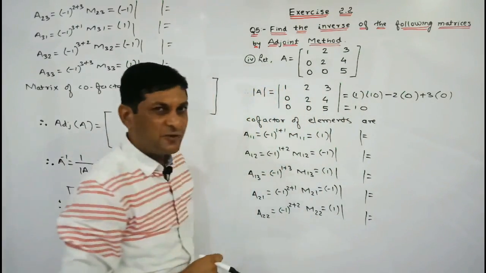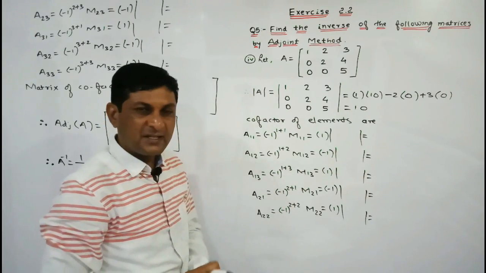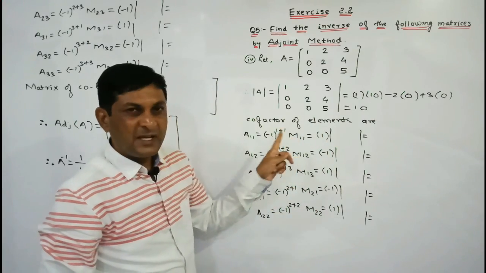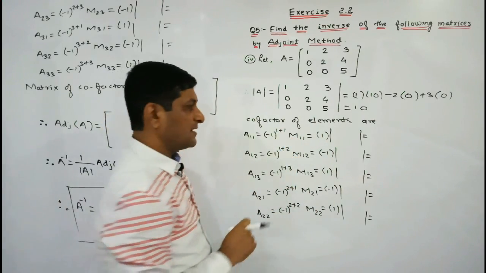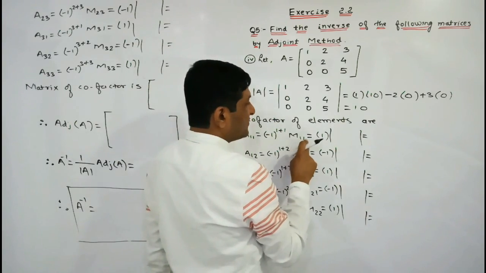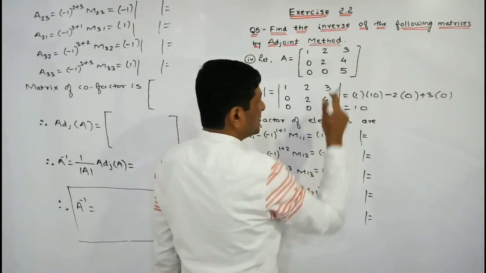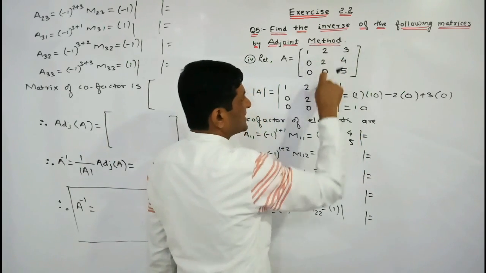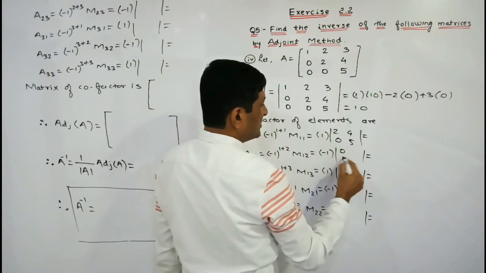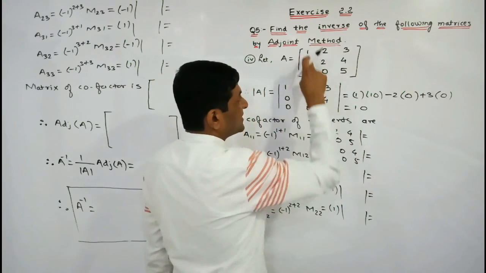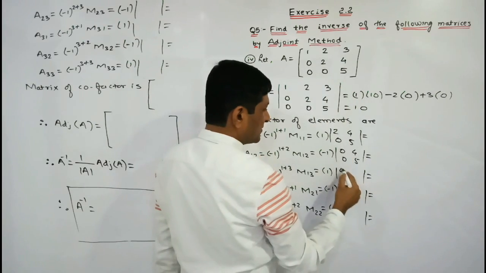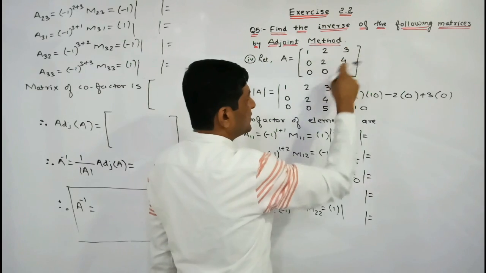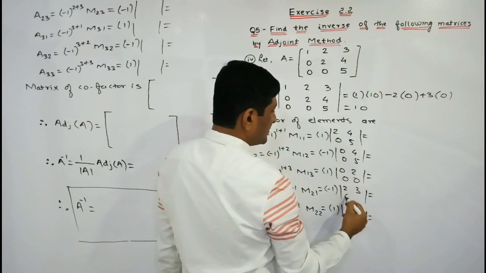Now to find the value of the minor, already all the things are written here to save our time. The value of the first term is also calculated, only the remaining part is to find the value of the minor. To obtain the elements of this determinant, delete first row, first column: 2 4 0 5. Now delete first row and second column: 0 0 4 5. Delete first row and third column: 0 2 0 0. Now delete second row first column: 2 3 0 5. Now delete second row and second column: 1 3 0 5.